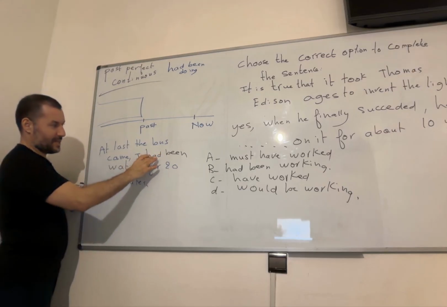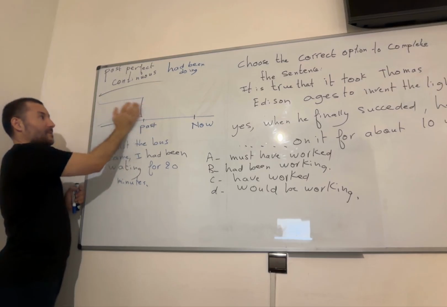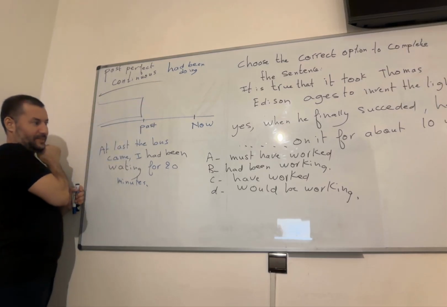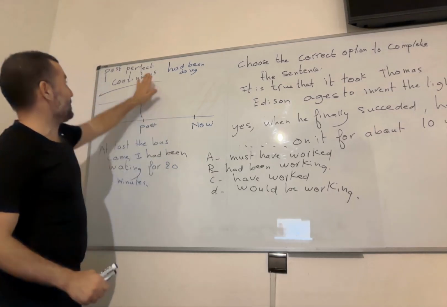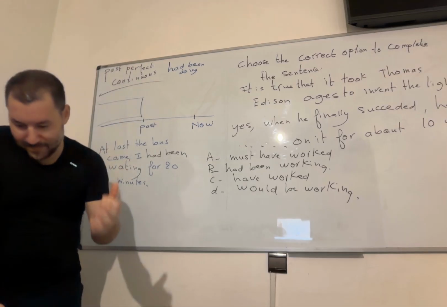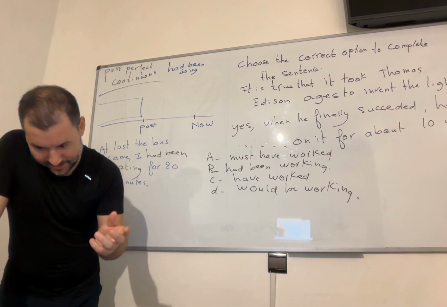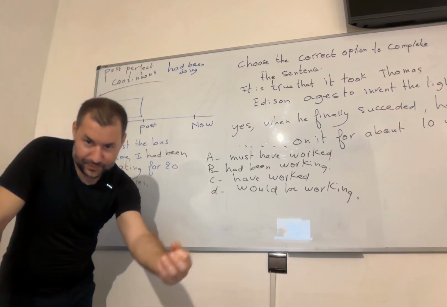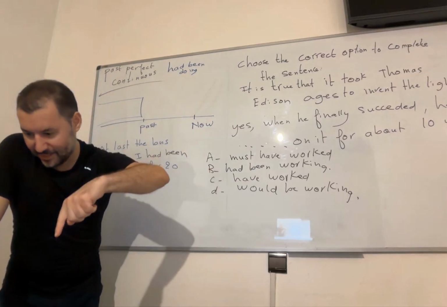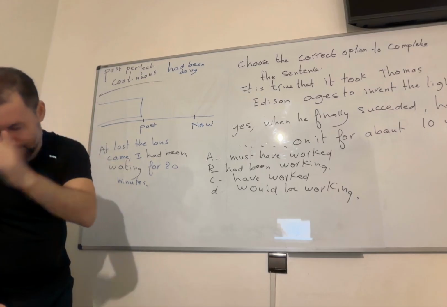So this action happens before this action, and in the past. I hope it's clear. I repeat, you can say that something had been happening for a period of time before something else happened.